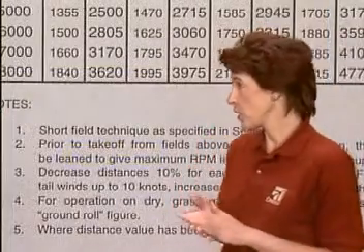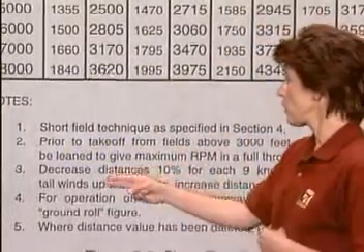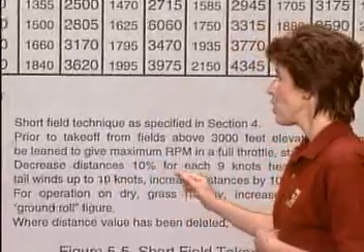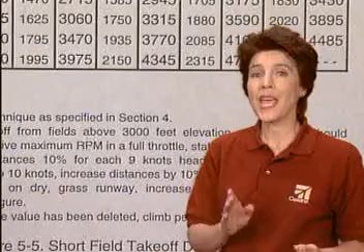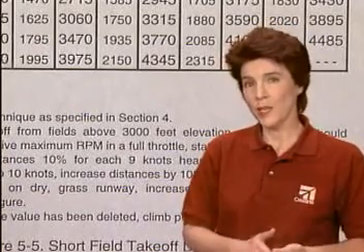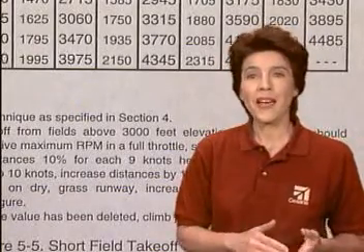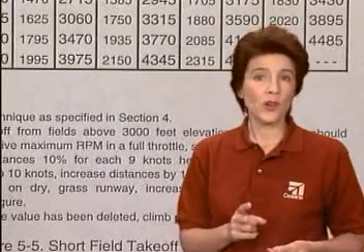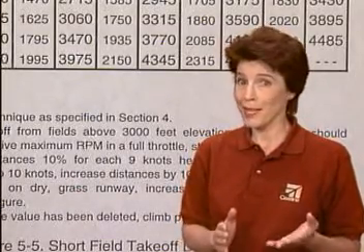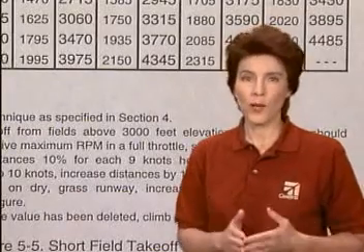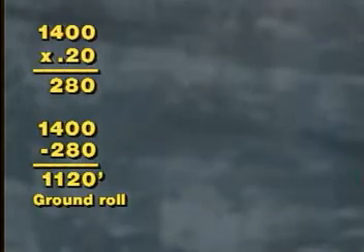We're going to read the footnote because you want to decrease distances 10% for each 9 knots of headwind. That's a performance benefit of 10%. And with 18 knots of headwind, it means that you're entitled to 2 of those 10% performance increment bennies, or a total of 20%. Okay, let's do some math.